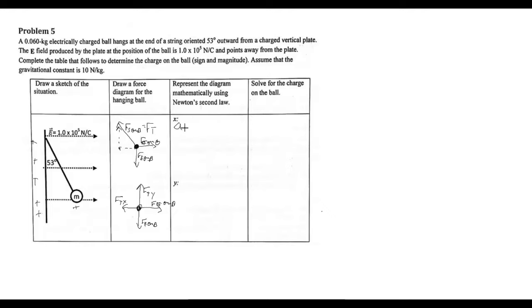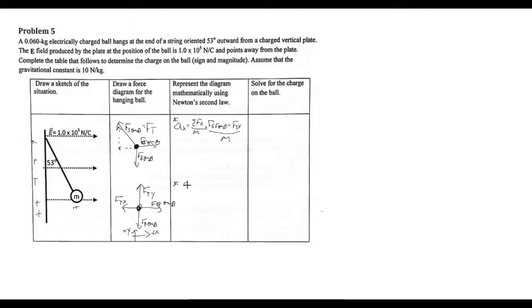So the acceleration in the X direction is equal to the sum of the forces in the X direction over the mass. If I have the positive direction being this way and the positive Y direction being up, then we have force E field on ball minus force tension in the X direction, all over the mass.